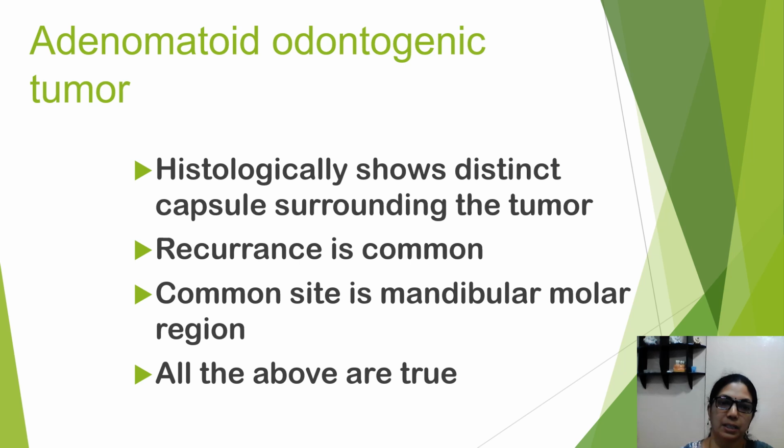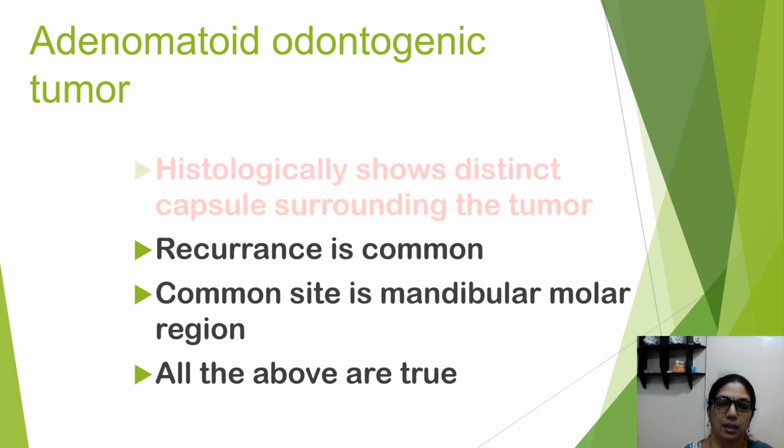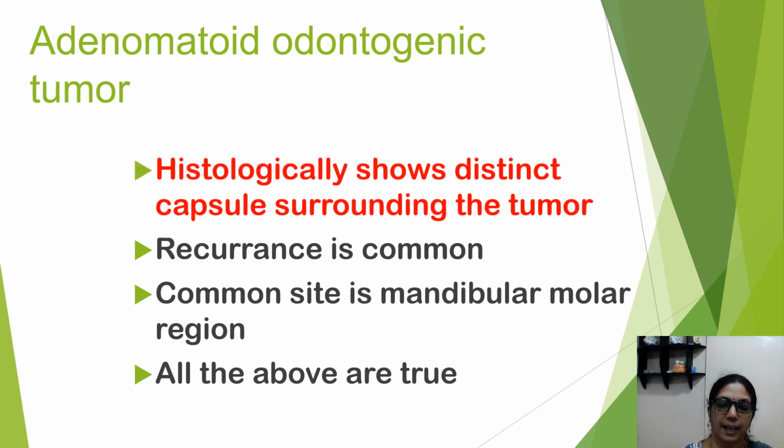So which statement is correct regarding this particular tumor? Histologically, it shows a distinct capsule surrounding the tumor. The tumor will be surrounded by a capsule, that is a well-defined tumor. But recurrence is common is wrong, and also the common site is not the mandibular region. The maxillary anterior region is the most common site for this tumor.